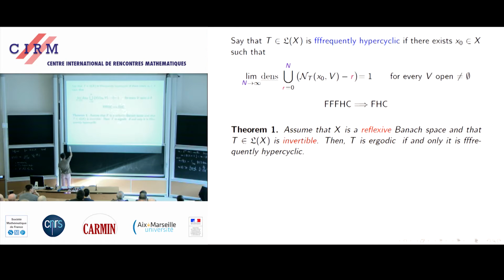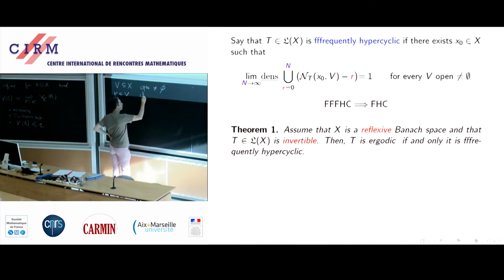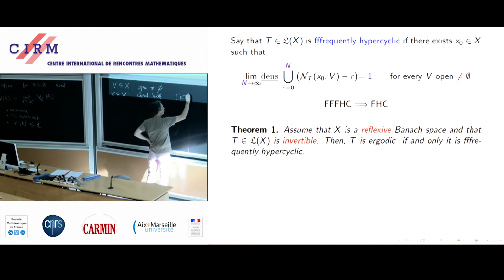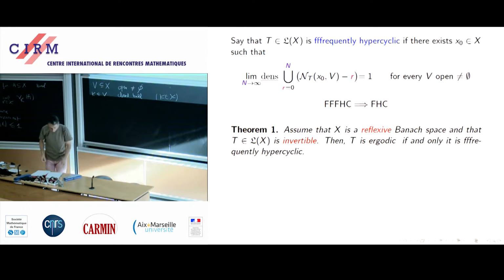So, okay, let us take an open set, V. Okay, and now you can put in it a closed ball, which is, of course, weakly compact, because you are assuming that your space is reflexive.